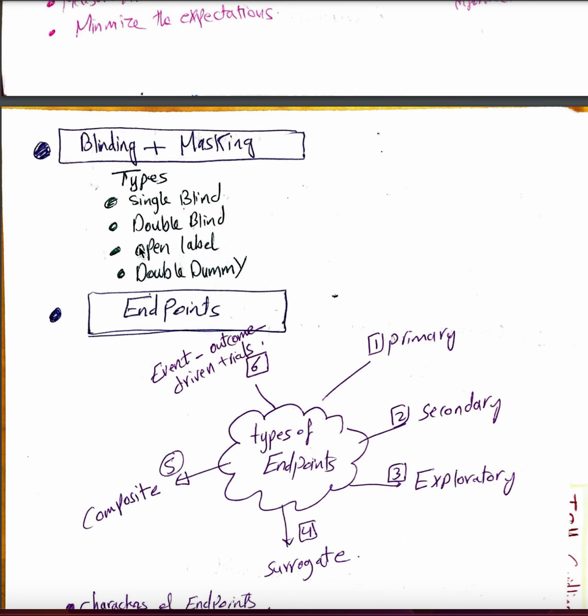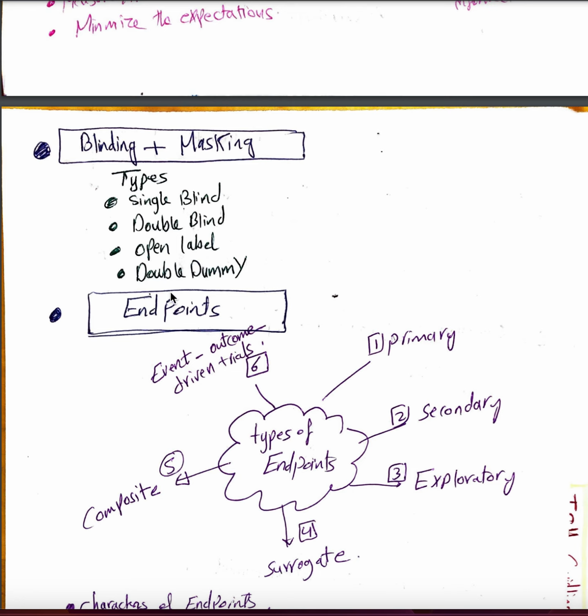About the open label, that means the participant and the researcher both know the drug and the treatment, they know everything. That's why it is called open label. When I'm talking about single blind, that means the participant does not know the treatment, whether they received the treatment or the placebo, but the researcher does. And double blind means both the researcher and the participant do not know the treatment.